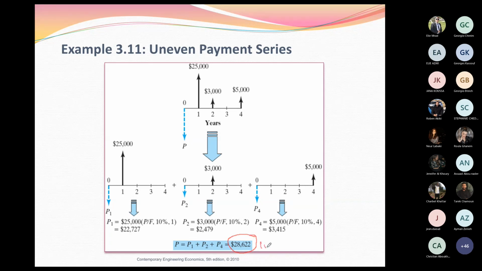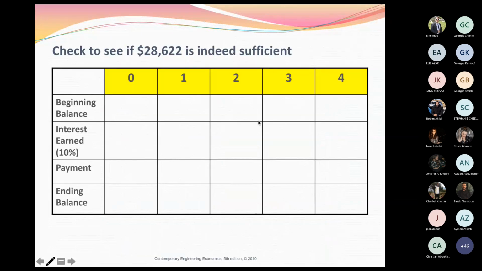So what did I tell you here? Focus with me, if you deposit today 28,622 at 10%, you are sure to have 25,000 end of year 1, 3,000 end of year 2, 5,000 end of year 4. We want these expenses. So I told you if you deposit this at 10%, you are anticipating these expenses. Can we check our answer?